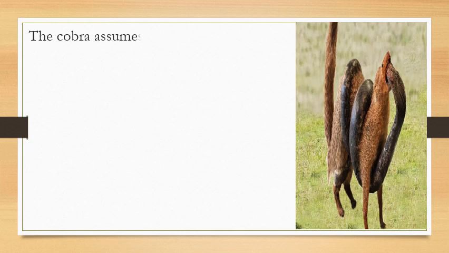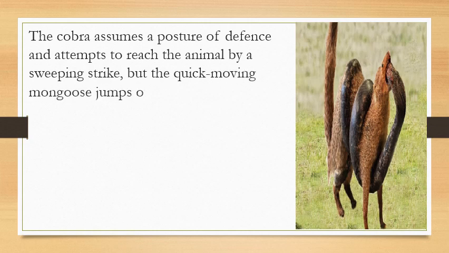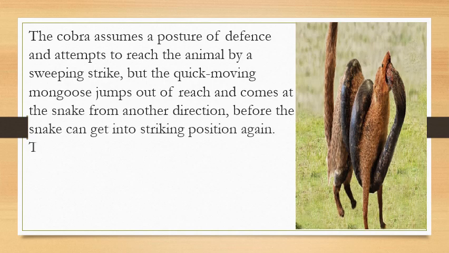The cobra assumes a posture of defense and attempts to reach the animal by a sweeping strike, but the quick moving mongoose jumps out of reach and comes at the snake from another direction before the snake can get into striking position again.